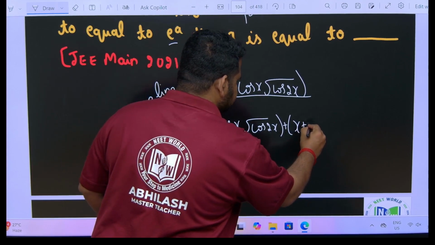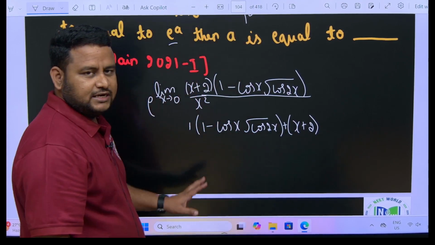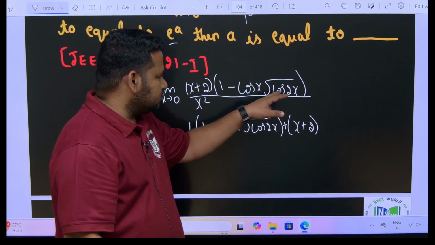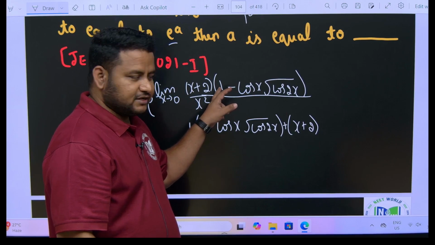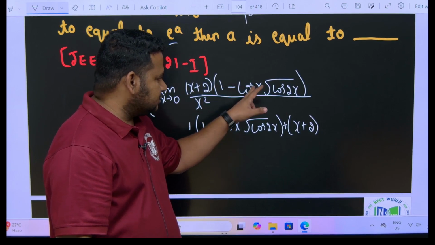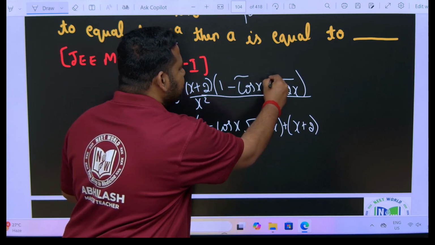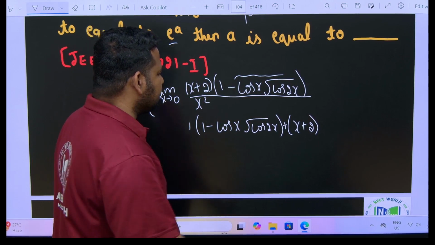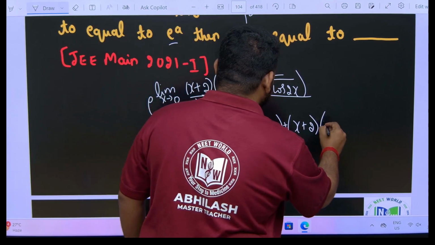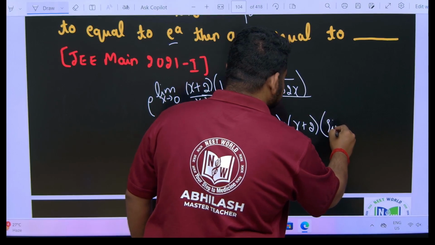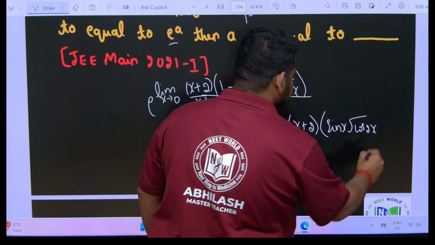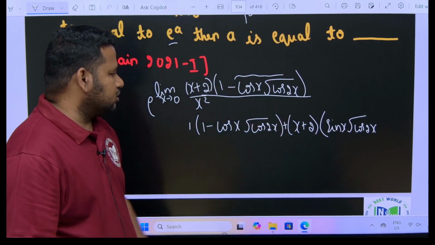Plus x plus 2 into the derivative of this, 1 minus cos x root of cos 2x. The derivative of 1 is 0, minus cos x cos 2x. Again here product rule, be very careful. So the derivative of cos x is minus sin x. So this will become plus sin x into root cos 2x.